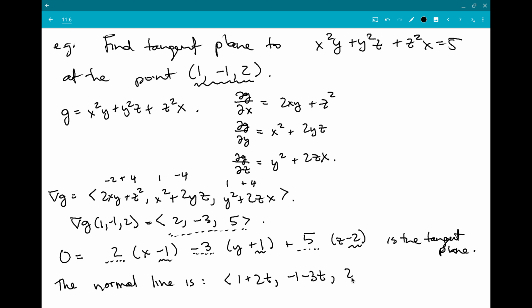And then 2 plus 5t. And I'm going to, again, underline the slopes that come from the gradient vector and squiggly line the points that come from the point we're looking at. And that's how you can use gradients to find tangent planes or normal lines.